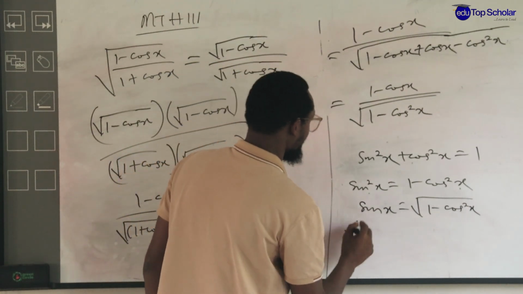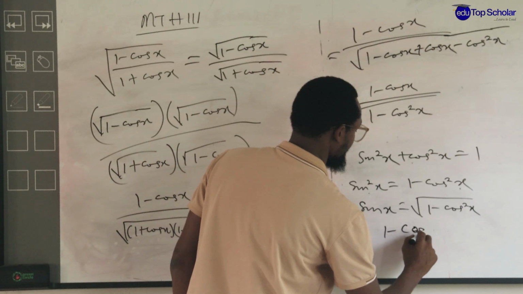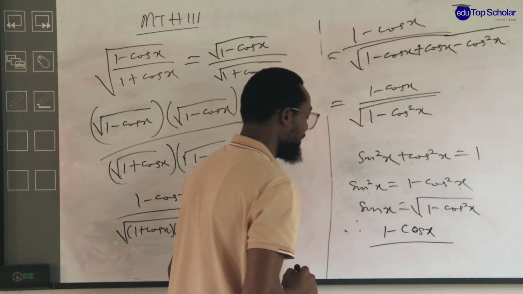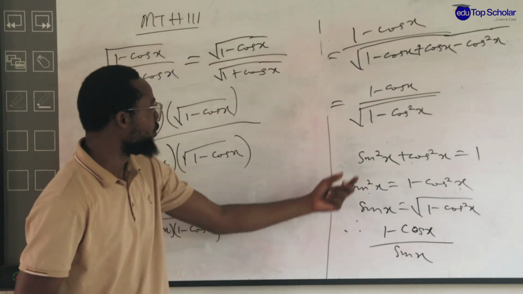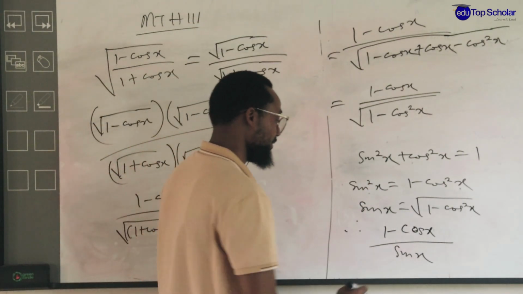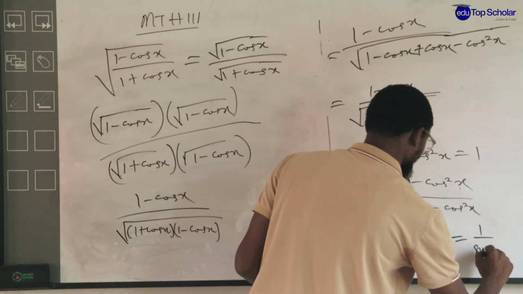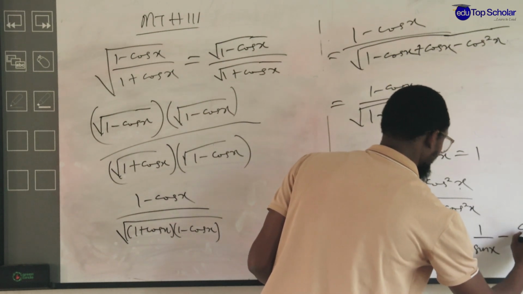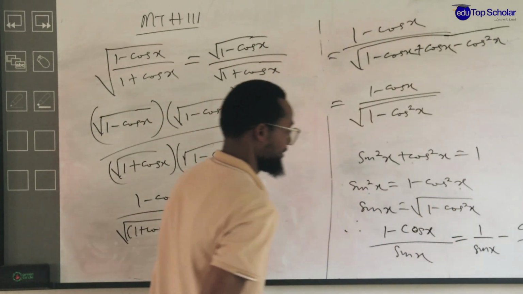So we will now come here and substitute this value for 1 minus cos square x. Therefore, this guy becomes 1 minus cos x over sine x. We have been able to take care of the square root in the denominator, and now we can perform operation. Of course, this is the same as 1 all over sin x minus cos x over sin x.